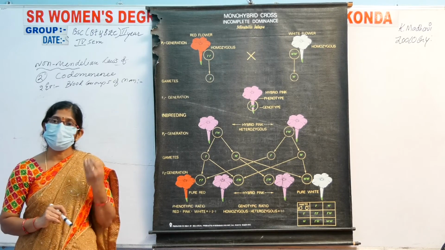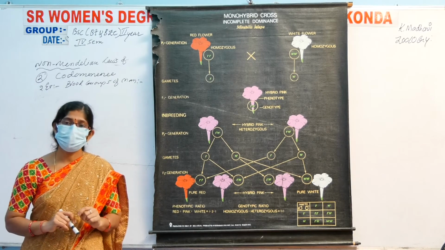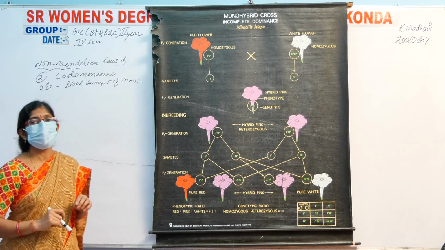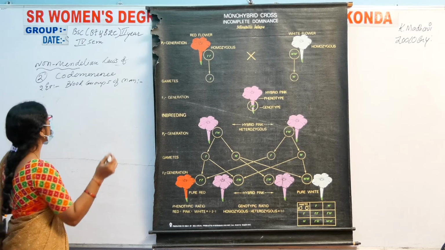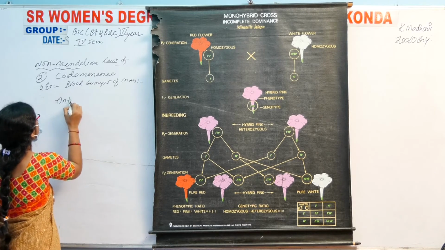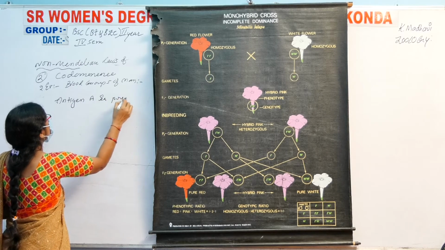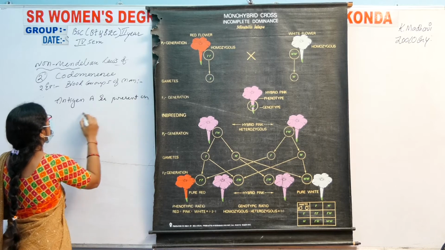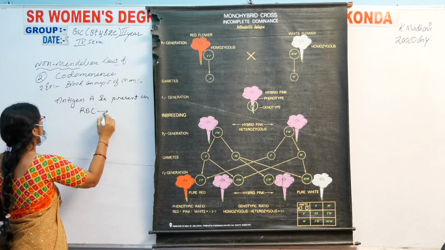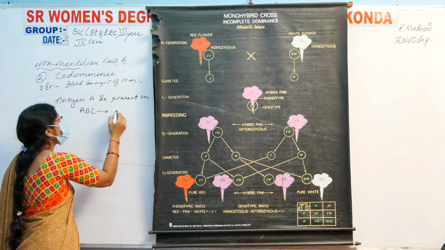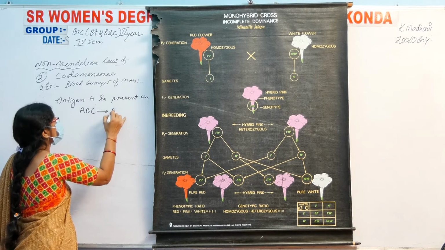Which type of antigen is present on the RBC refers to that type of blood group. For example, if antigen A is present on the RBC, the person's blood group is A.